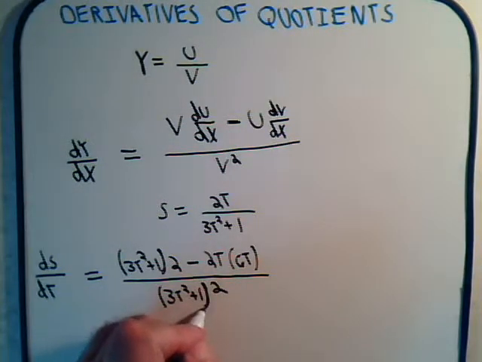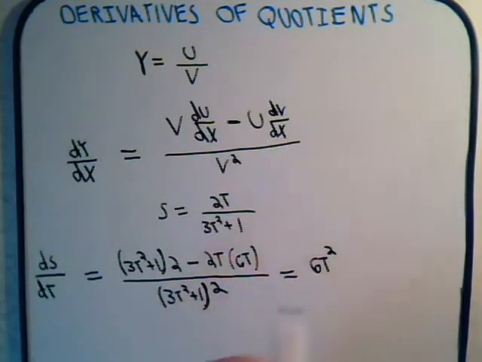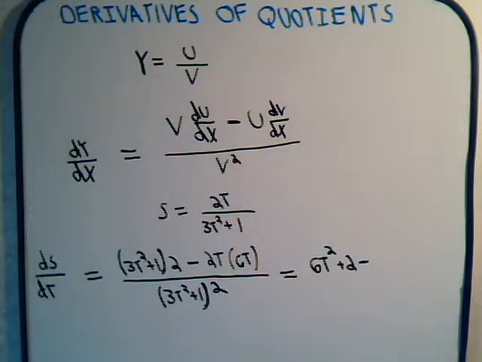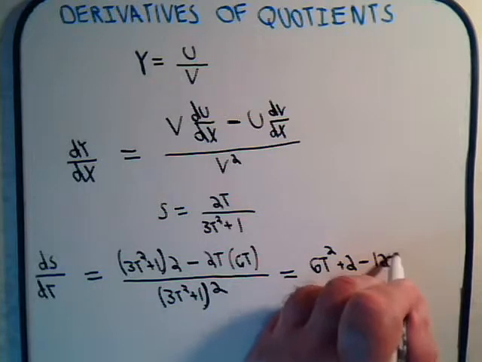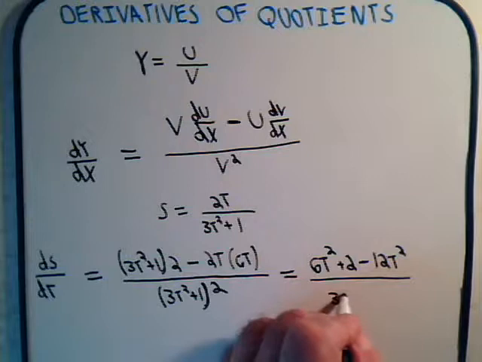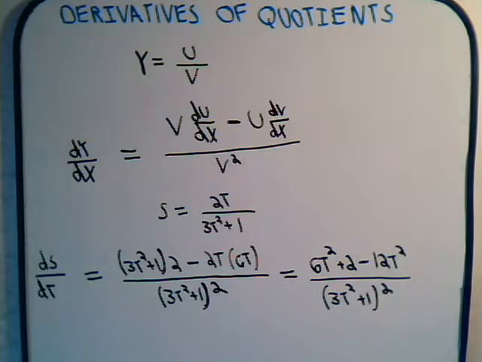The calculus is finished. Now, let's see if there's a little bit of algebra that maybe we can do. Here we have 6t squared plus 2 minus 12t squared. 6 times 2 is 12. Divided by this 3 times t squared plus 1 squared.